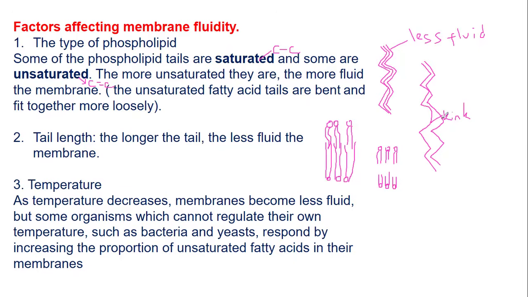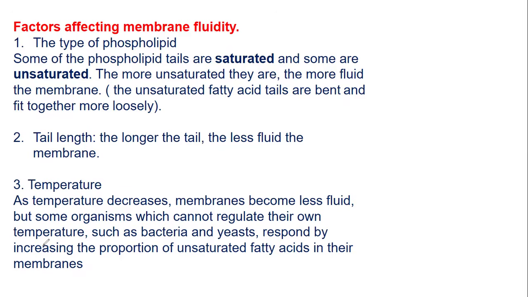Because when you add more unsaturated fatty acids, it means that the fatty acid tails are not going to be so much packed together, and eventually the membrane will not be so less fluid. So the fluidity is maintained usually using that mechanism.